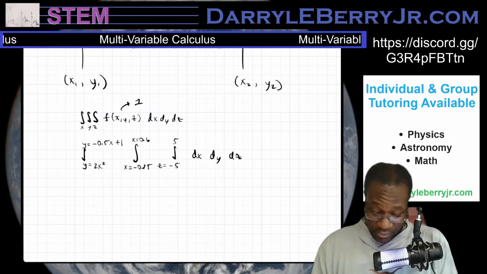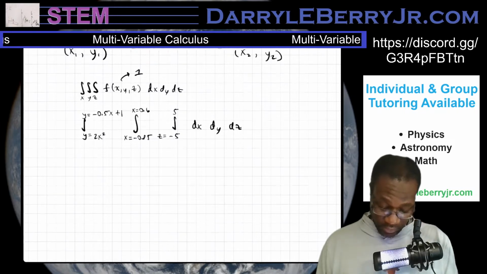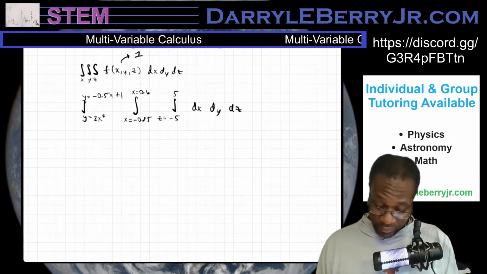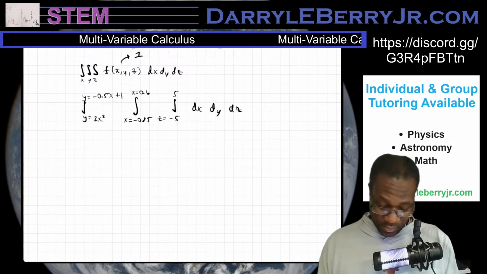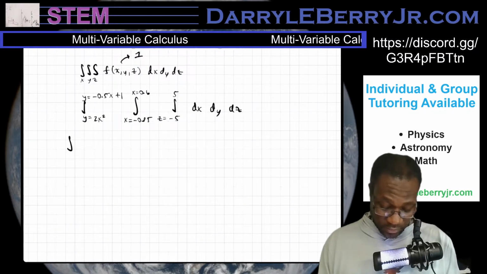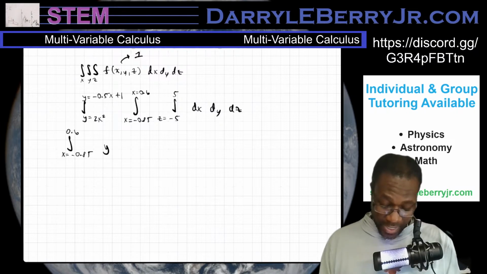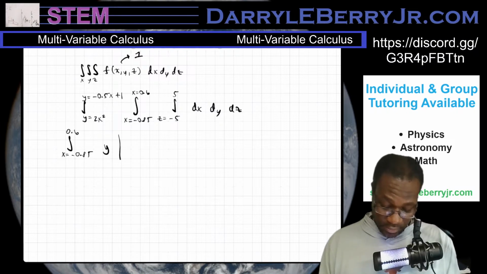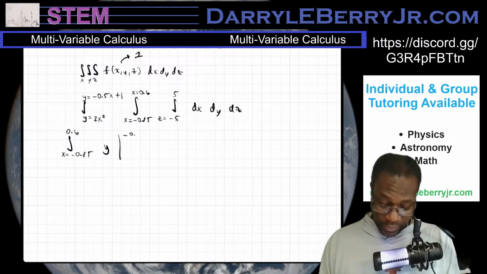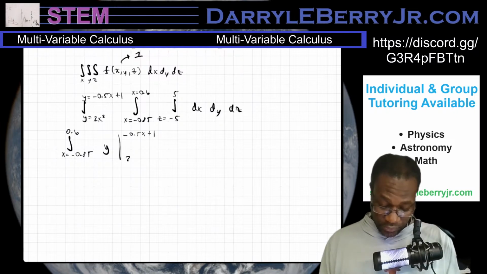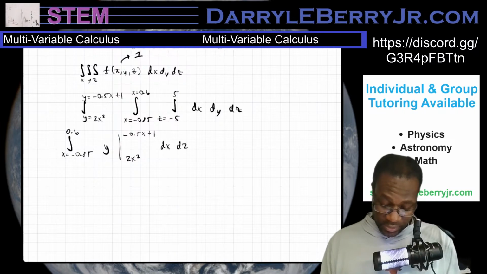So now we just take our integral. I'll start with y. So we'll end up with integral x equals negative 0.85 to 0.6 of y, and we're going from negative 0.5x plus 1 and 2x squared, dx dz.